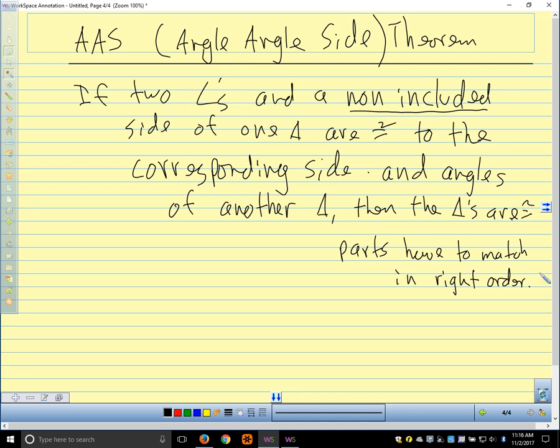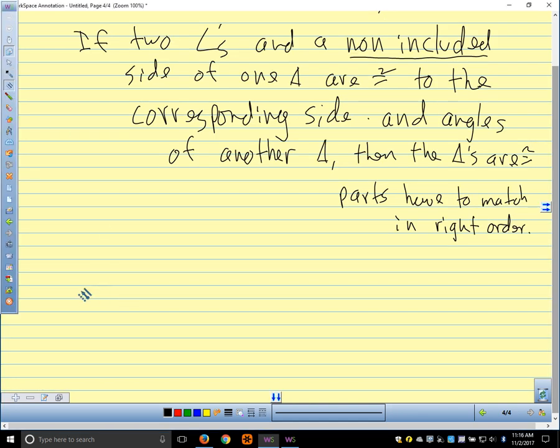So our picture for an angle-angle-side triangle would look something like this.